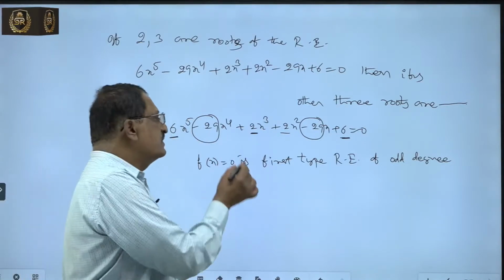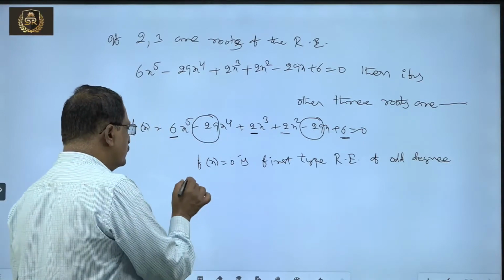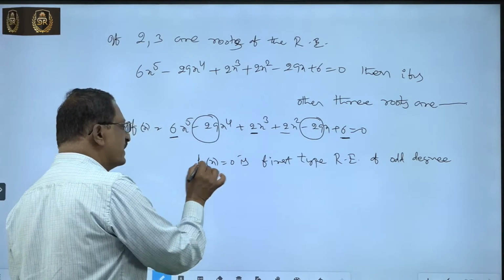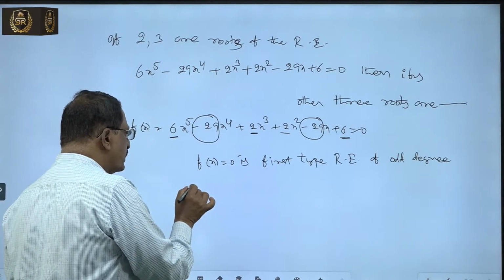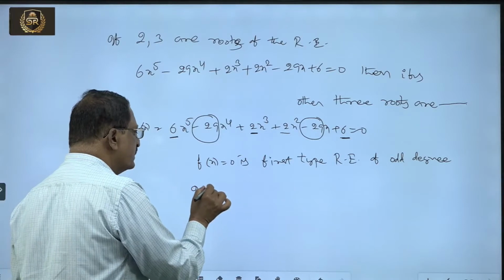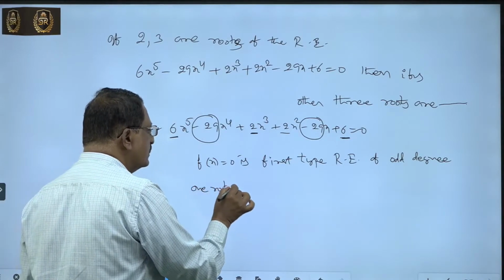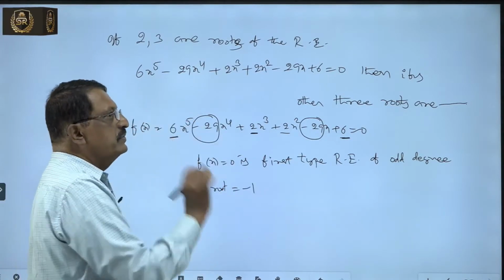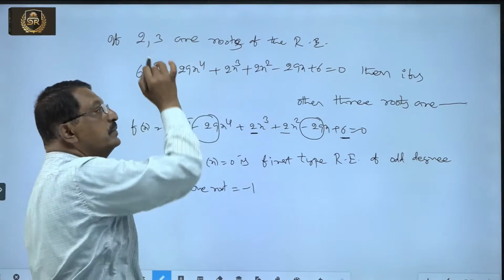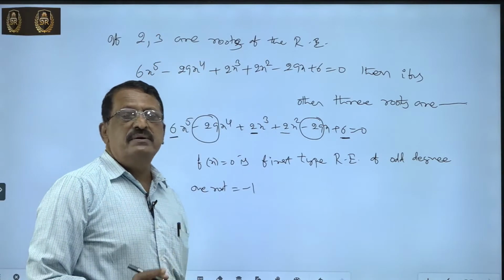Now it is first type, so compulsorily one root is minus 1. So one root equals minus 1, which means the third root is minus 1. Two roots are given, 2 and 3.